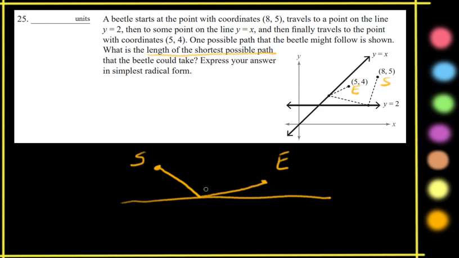And if you fiddle around with that, eventually what you'll realize is that the best point to go to is the point where you have similar triangles here and here. If you can make these two triangles similar, where you draw a right angle here and a right angle here, basically what that means is that this angle here has to be equal to this angle here.